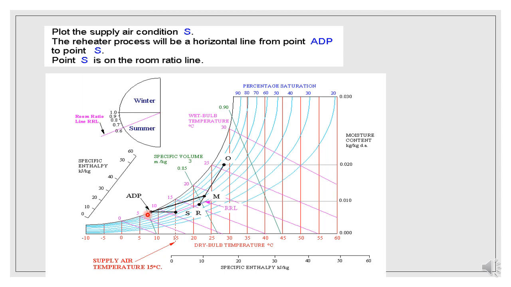So draw a horizontal line via the ADP, and where it intersects with the RSHF or RRL, that is your supply air condition. Now we have our supply air condition. We can read the dry bulb temperature, and we also know the relative humidity of the supply air, which is about 55% relative humidity and 15 degrees C for the temperature.